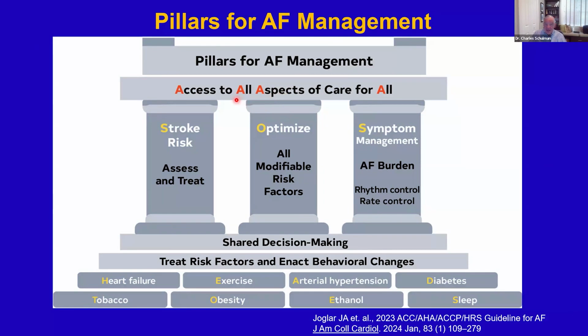The 4 A's: access to all aspects of care for everyone, for all, because they wanted to make it an A, and SOS: stroke risk assessment and treatment, optimize all modifiable risk factors, and symptom management, managing AFib burden with either rhythm control strategies or rate control strategies with shared decision making, and treating risk factors as listed down here.